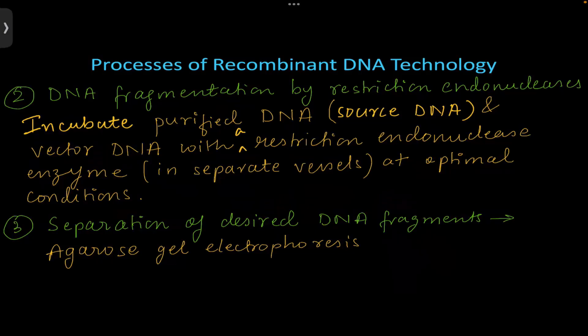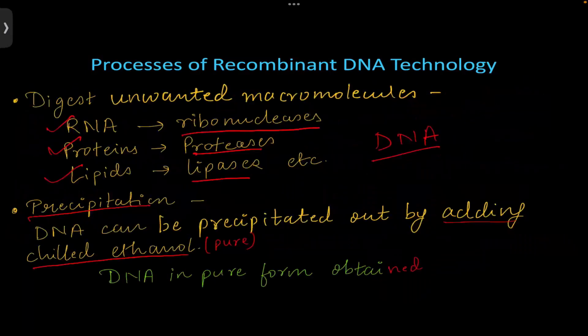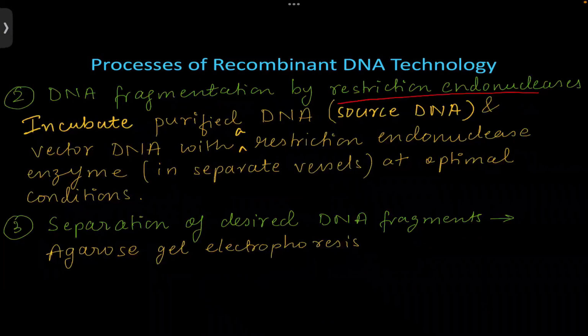For doing that, you will need to use restriction endonucleases. Okay. So how will we do that? You will take your purified DNA, let's call it source DNA, and you will incubate it with a particular type of restriction enzyme.